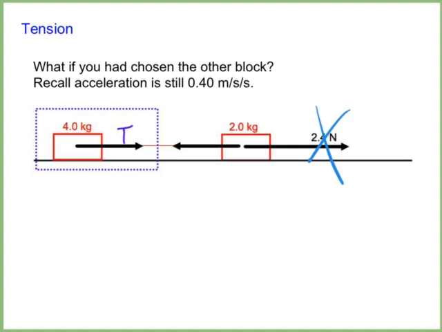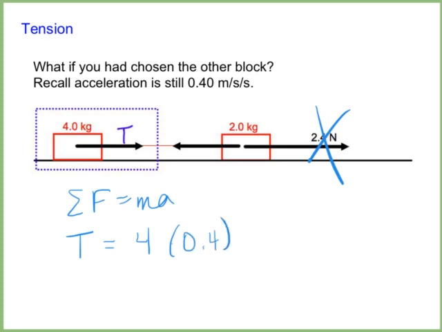The only force that is acting directly on the 4 kilogram block is the tension force. And so when I write F equals ma for this block, tension is the net force. It's the only force pulling on this object. Its mass is 4. Again, my acceleration is still 0.4.